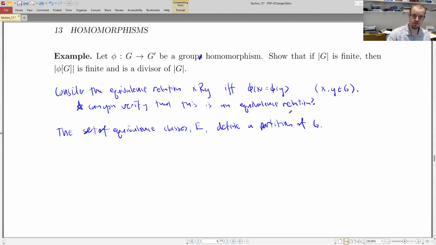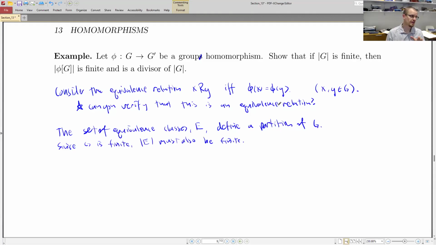Now, since G is finite, we're assuming that G is finite, the number of equivalence classes must also be finite.